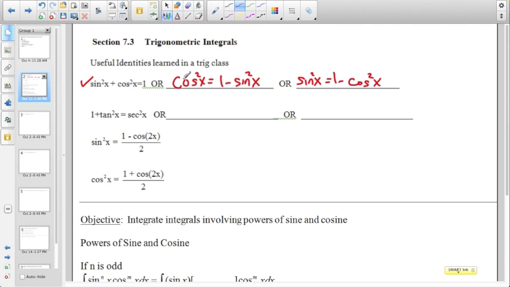Then we can solve this for tan squared x, and we can solve it for secant squared x. So if we wanted to solve this for tan squared x, we take the 1 to the other side. And if we wanted to solve this for 1, we could take tan squared x to the other side.